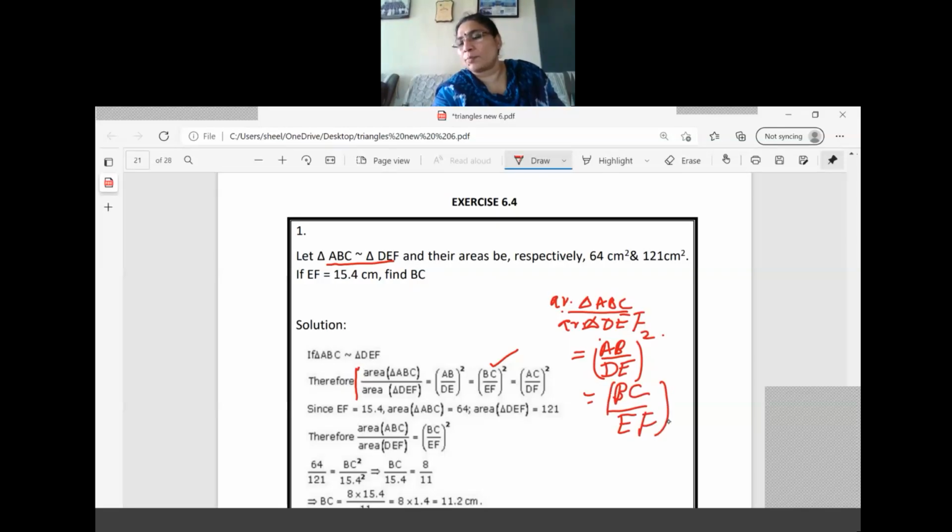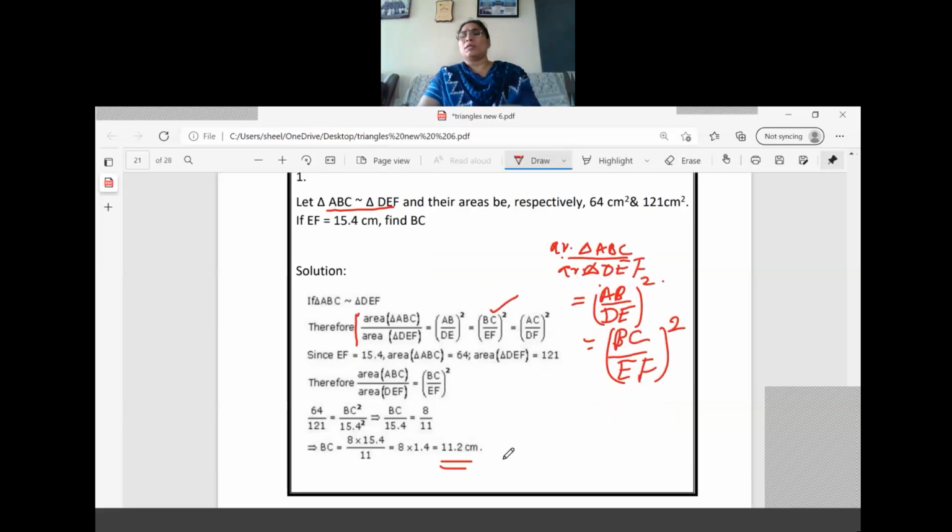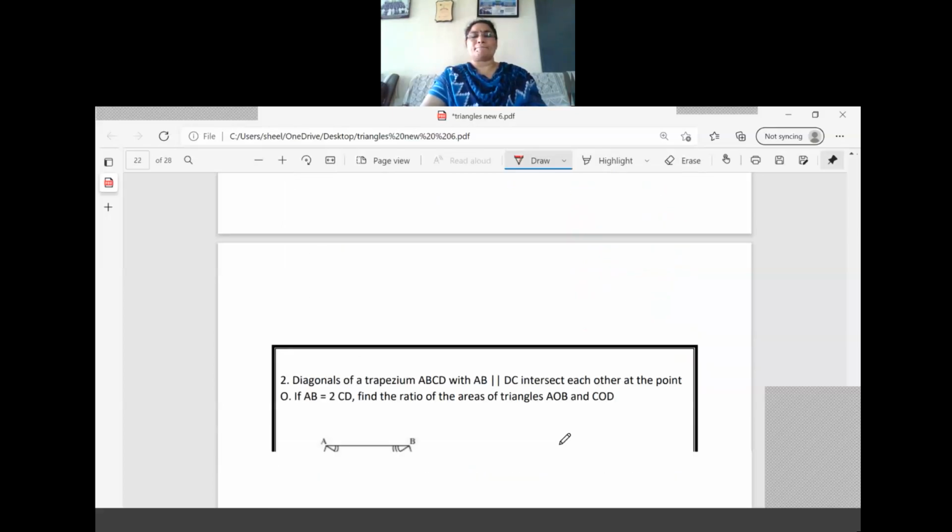So this is one of the important theorems only. We are using BC by EF whole square, because the EF value is given, so we can calculate BC only. There is no need of writing these two ratios also. We have written them because of the formula only. So now we can solve for BC. It is equal to 11.82 centimeter.